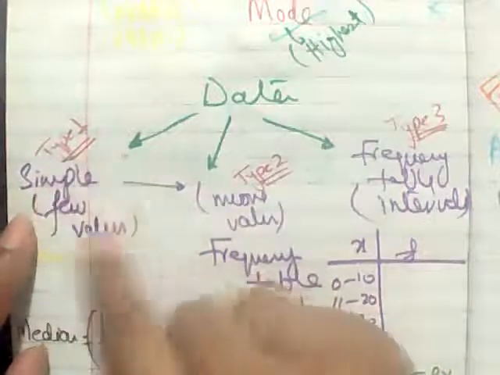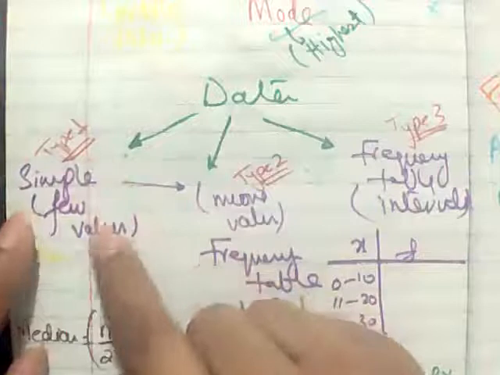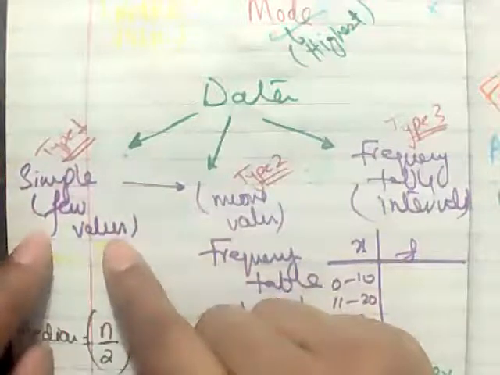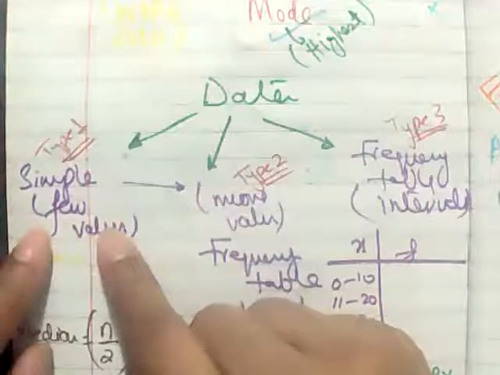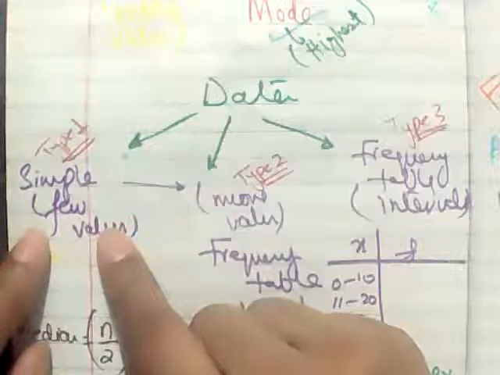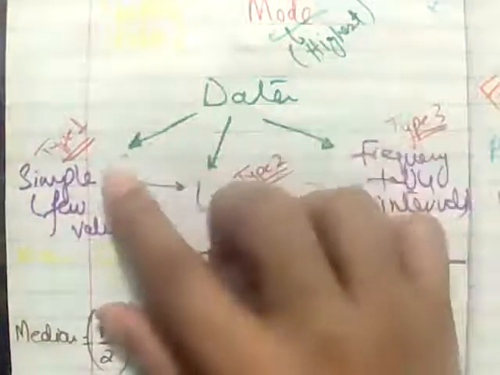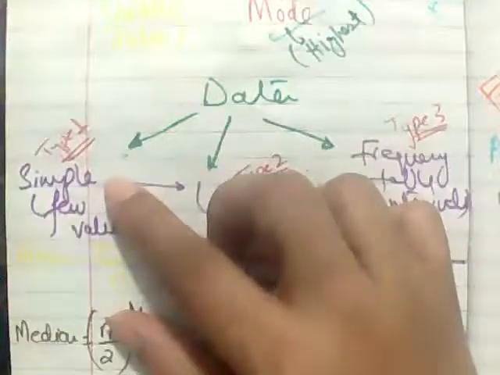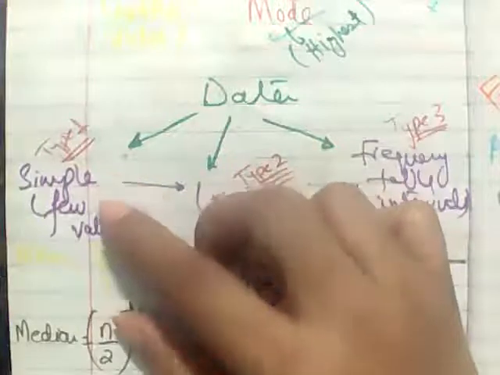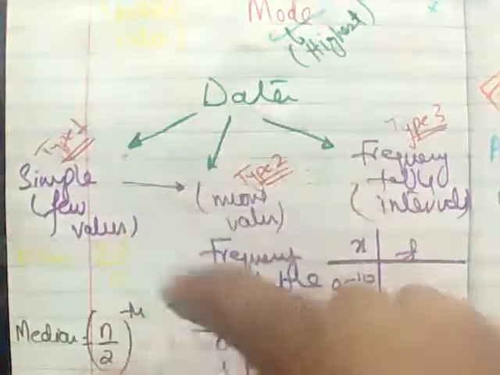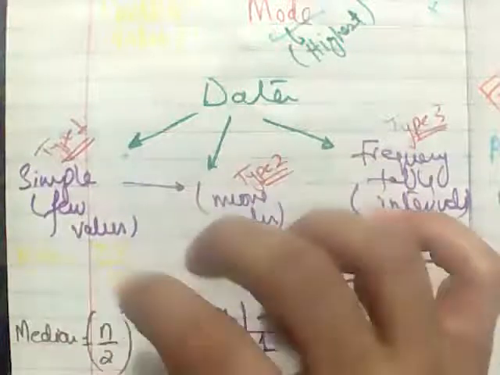So we will find the mean, median, mode of such simple data. The data can be discrete, can be continuous, but it will have only few values. Simple means only few values, nothing more than that. Simple doesn't mean it cannot be in decimal. It can be, but very few values which can be done very easily without making any table.